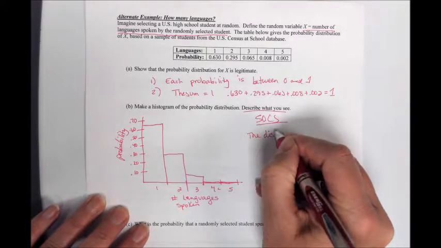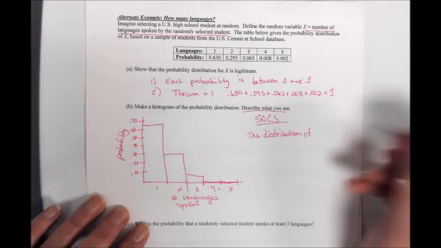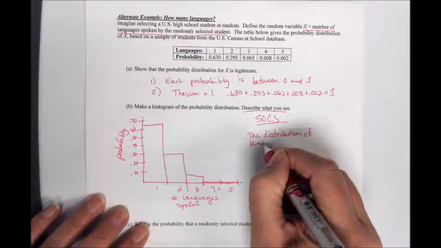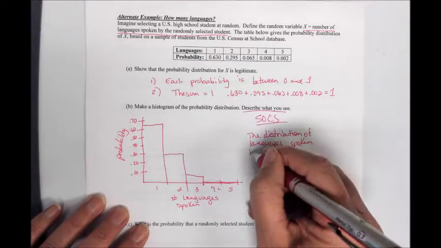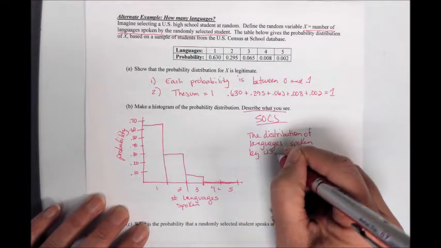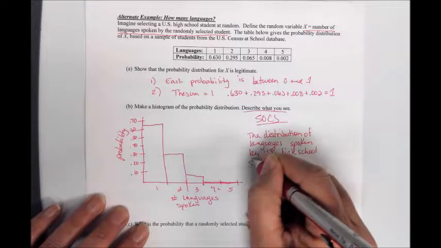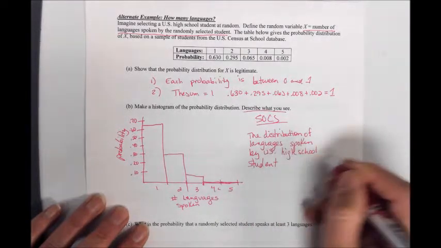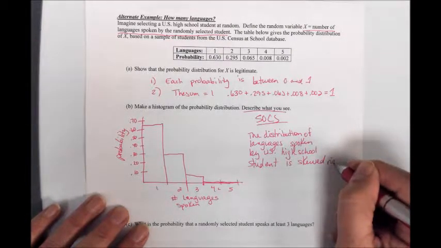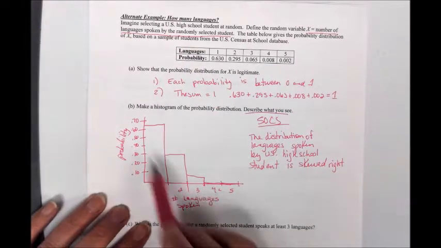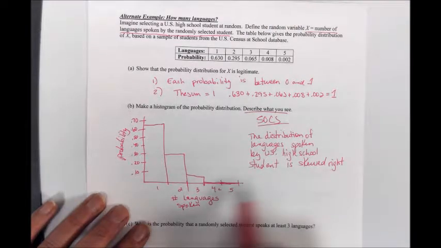and the biggest thing I see in rubrics for the AP exam is no context. So the distribution of languages spoken by a U.S. high school student is skewed right. Now there's no gaps in there, so I'm not even going to say there could be outliers, but I'm not going to worry about that unless there's a gap.